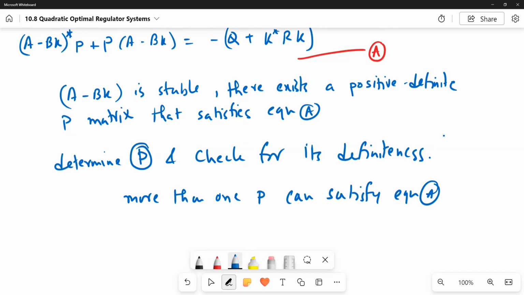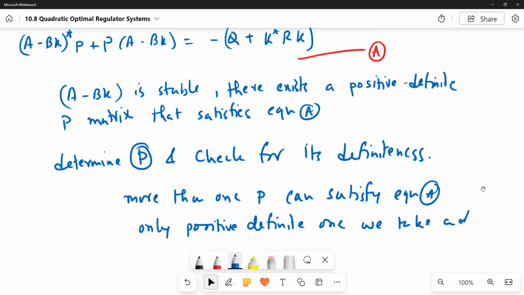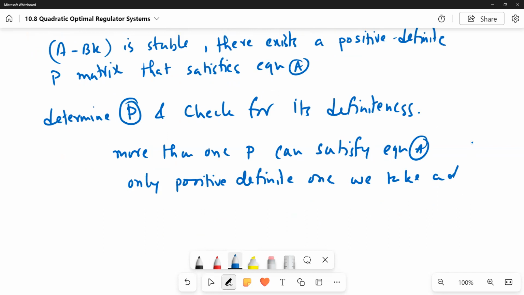Only the positive definite one we take, and discard the rest.